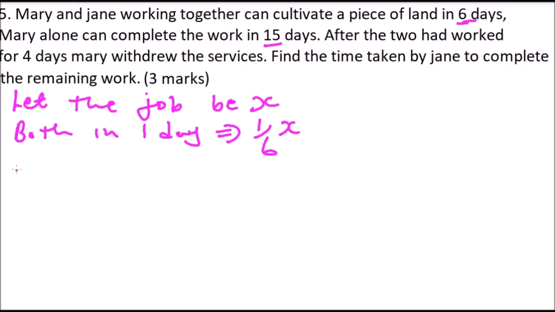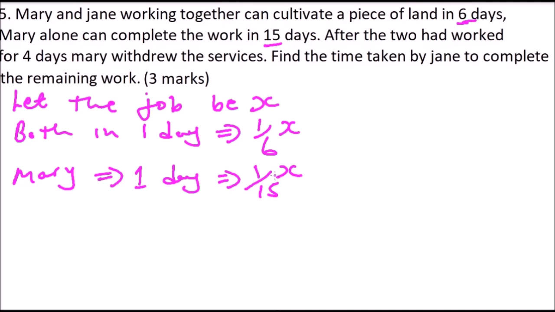Then we say Mary can complete the job in 15 days, so it means in 1 day Mary can do 1/15 of the job. So if both of them can do a sixth of the job, and Mary alone can do 1/15 of the job, what about Jane?